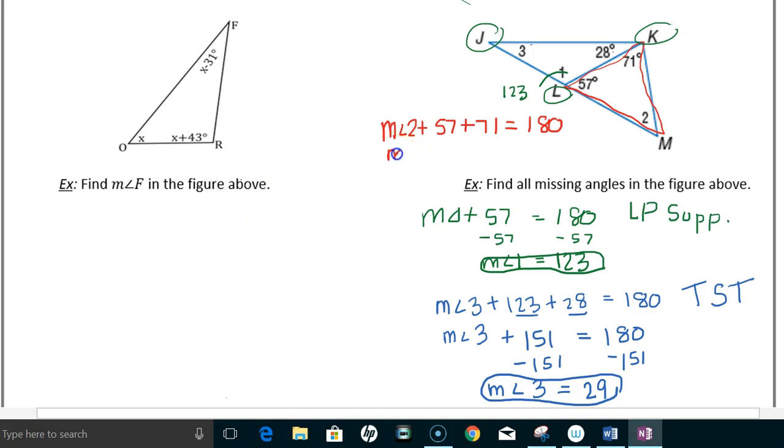So I'll combine like terms: 57 and 71, so 128 degrees. So when I subtract 128 degrees from both sides, I know the measure of angle 2 must equal 52 degrees.